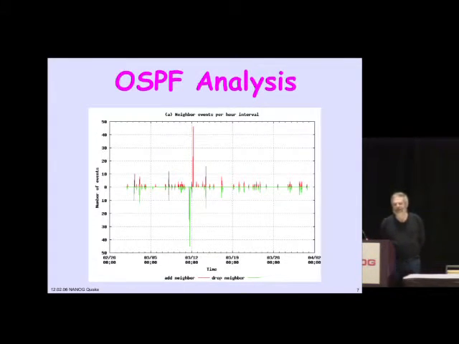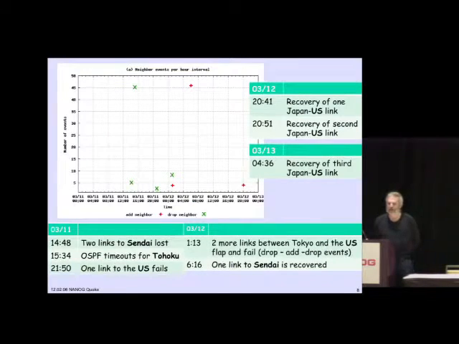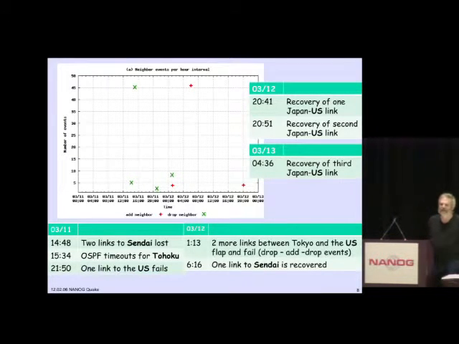You can guess when the events are, and that's about what it looks like from OSPF at an overview. What we see in the interesting OSPF events is we can see the 2 links to Sendai being lost, bang on. We can see the timeouts coming later.